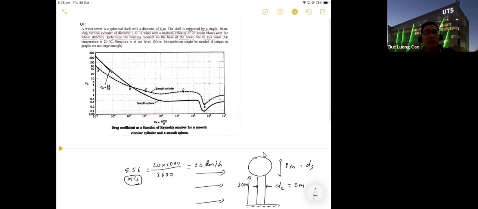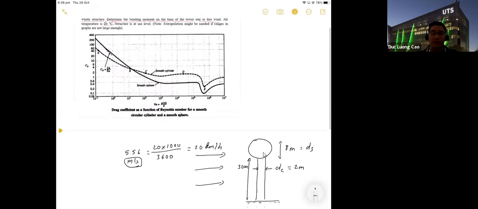So this will be equal to 20 times 1000 divided by 3600, which is around 5.56 meters per second. Okay, I highly recommend you convert everything to SI unit before your calculation.